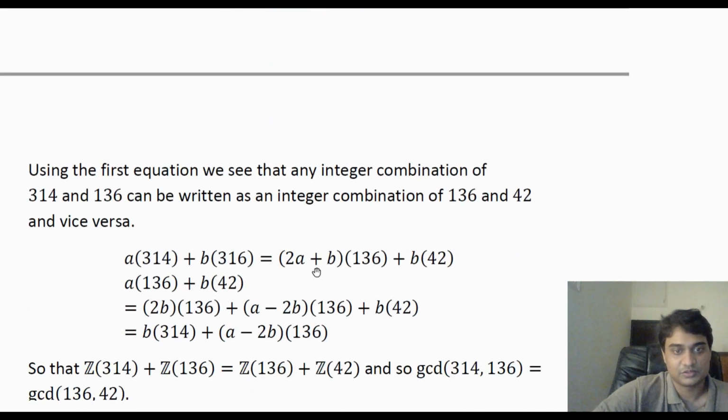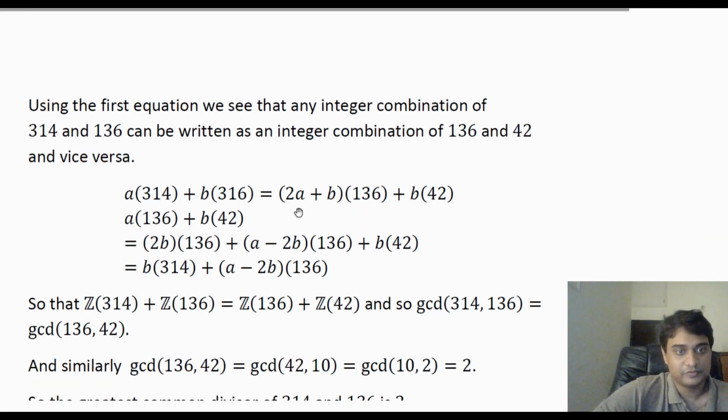So any integer combination of 314 and 136 can be written as an integer combination of 136 and 42.